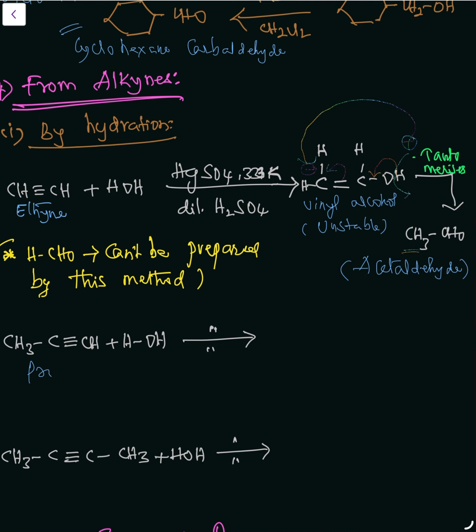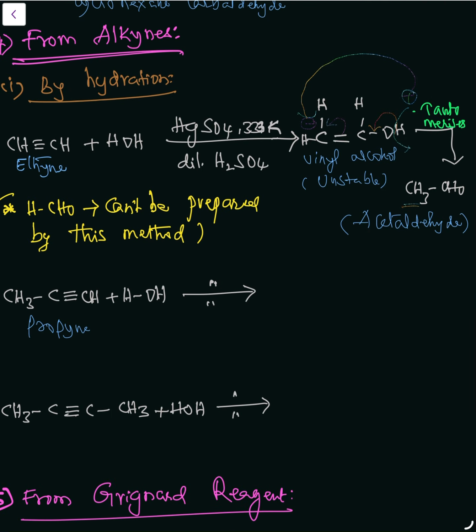Next, in the same way, let us see propyne. So this is propyne. Propyne on hydrolysis in the presence of the same HgSO4 is first converted to CH3C(OH)=CH2. So this is also an unstable compound. It tautomerizes to a carbonyl compound. Which carbonyl compound here?